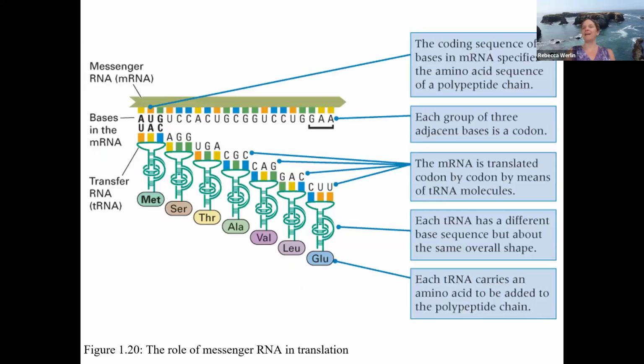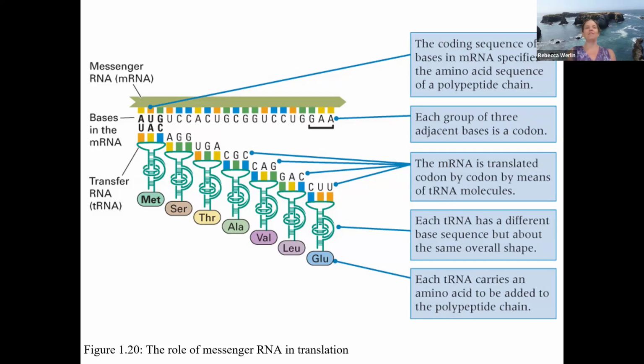So messenger RNA has the coding sequence and guides the synthesis of a polypeptide chain. Each group of 3 adjacent bases makes up one codon on the messenger RNA. The messenger RNA is translated codon by codon using the anticodons of transfer RNA molecules over and over again. And each transfer RNA molecule brings in the amino acid.